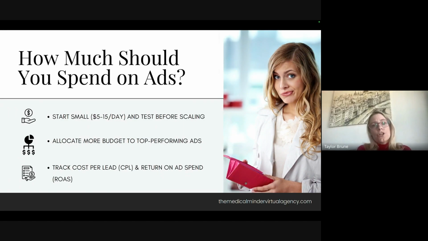If you're just starting out with your smaller products, you're testing it out, you want to start small because you don't want to go in and spend all this money and not have all the tested creatives, all the tested headlines, tested copy, tested images. You want to test small, $5, $15, $20 a day.